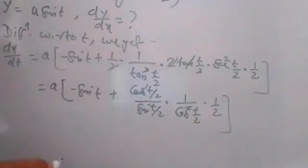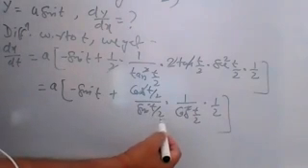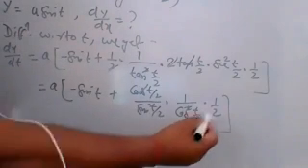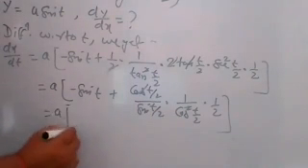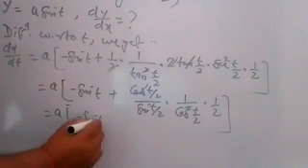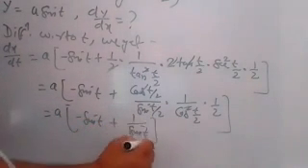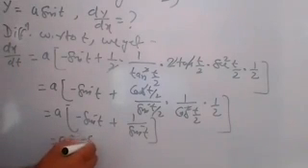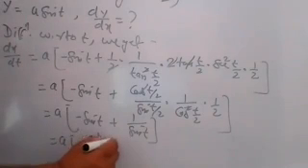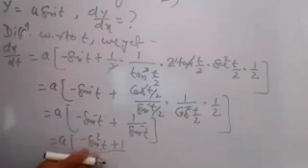Here 1 power of cos cancels out, and you have 2 sine t by 2 cos t by 2, that is written as sine t. So you have a into minus sine t plus 1 upon sine t. Now taking LCM, you have a into minus sine square t plus 1, divided by sine t.